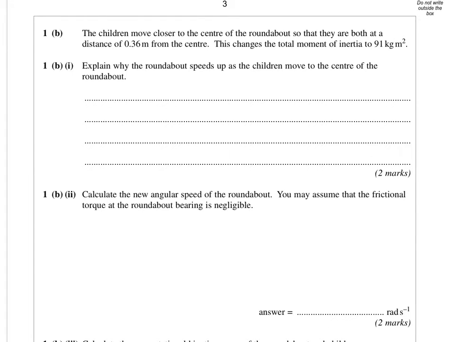So we know that angular momentum must be conserved, so angular momentum before equals angular momentum after, because no external force is acting. The principle behind this is conservation of angular momentum.